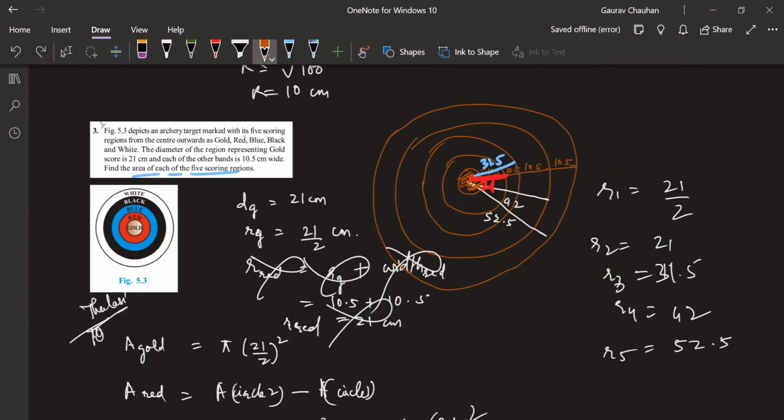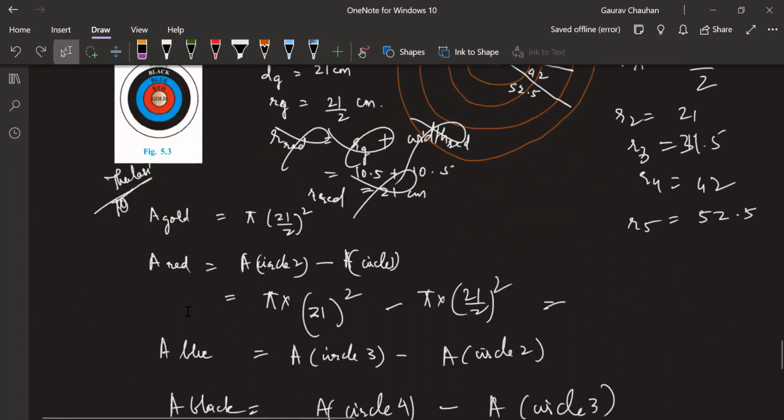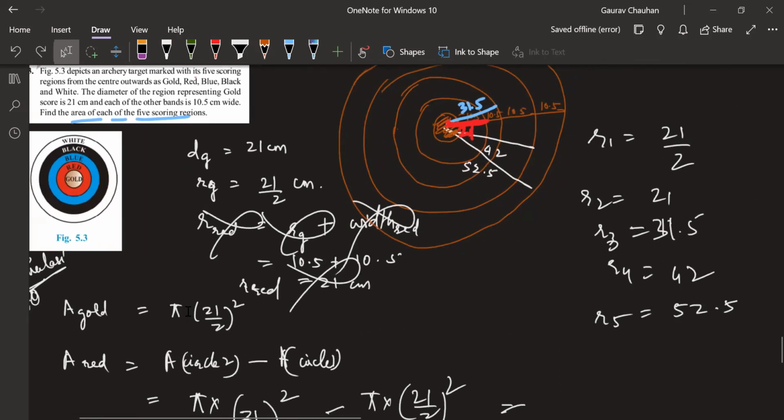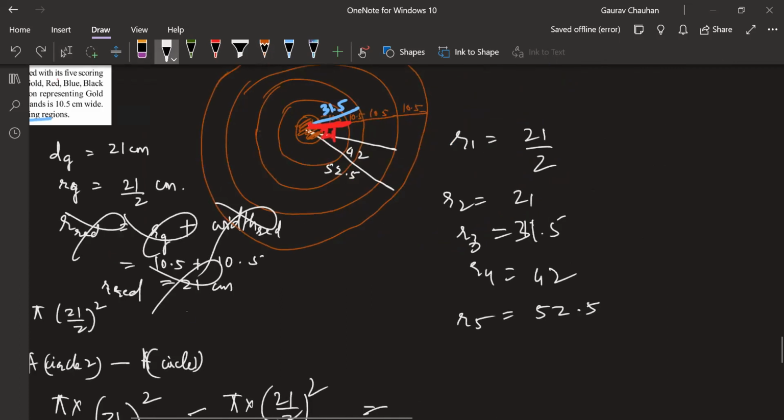Samajh aa raha hai Bindu? Yes, Tulsi? Not red region's radius. You can write R2 is equal to radius 1 plus width of red region. You're getting this? Then you will get 21.